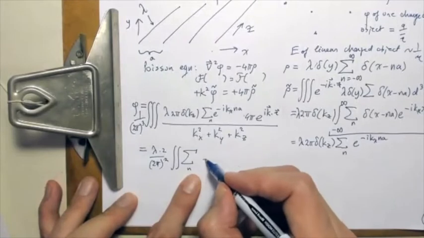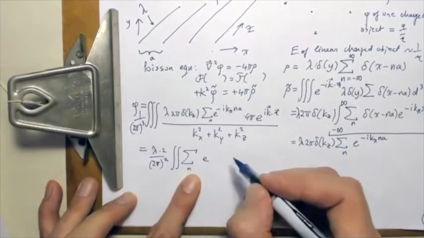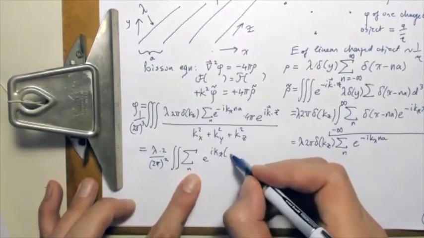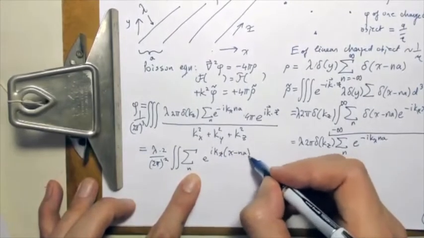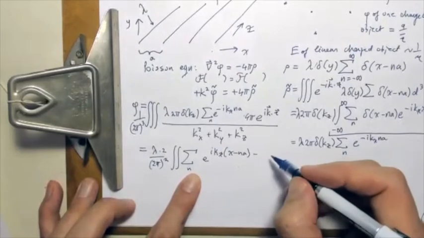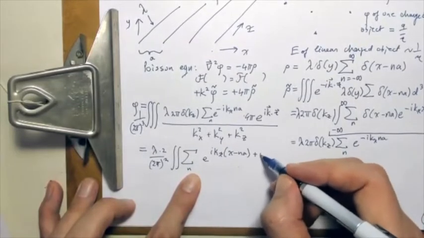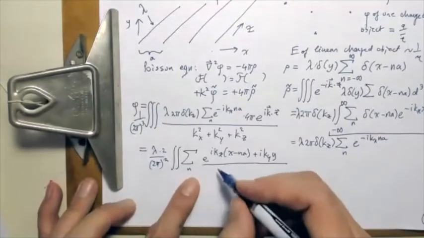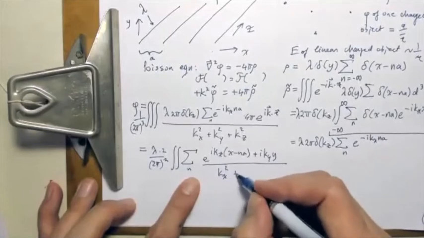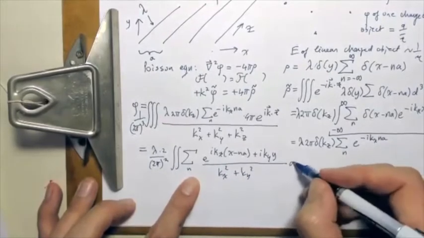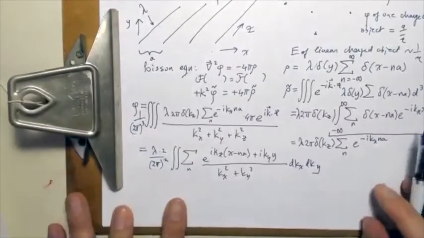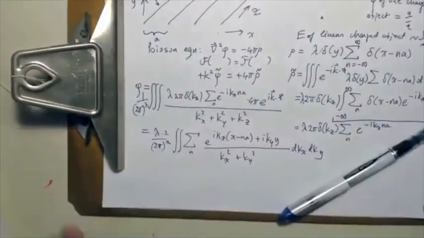And now we have our e to the power i k_x, and that's x minus na, plus i k_y, over k_x squared plus k_y squared, dk_x dk_y. So that is our potential.